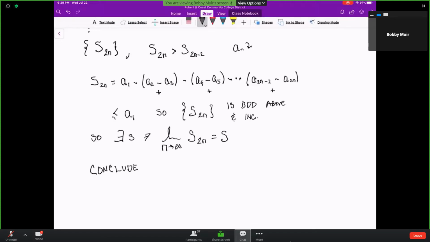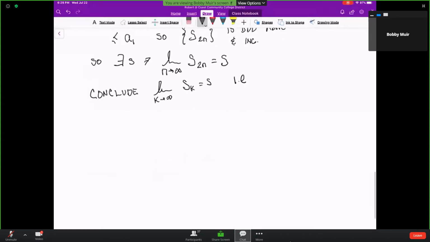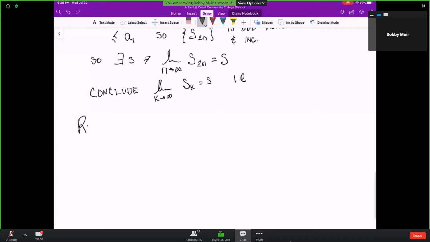So anyways, you conclude that the limit, as k goes to infinity, of S sub k is equal to S, i.e., here's what we have just established. And this is called the alternating series test.